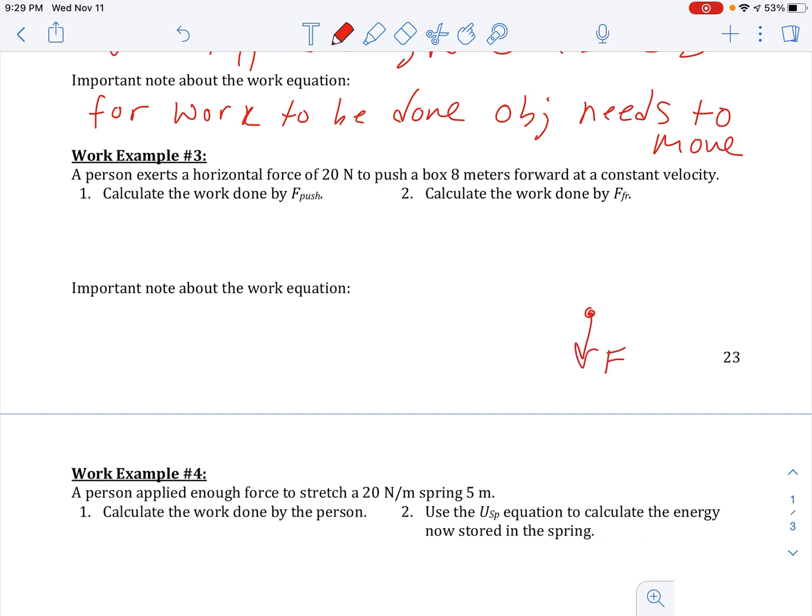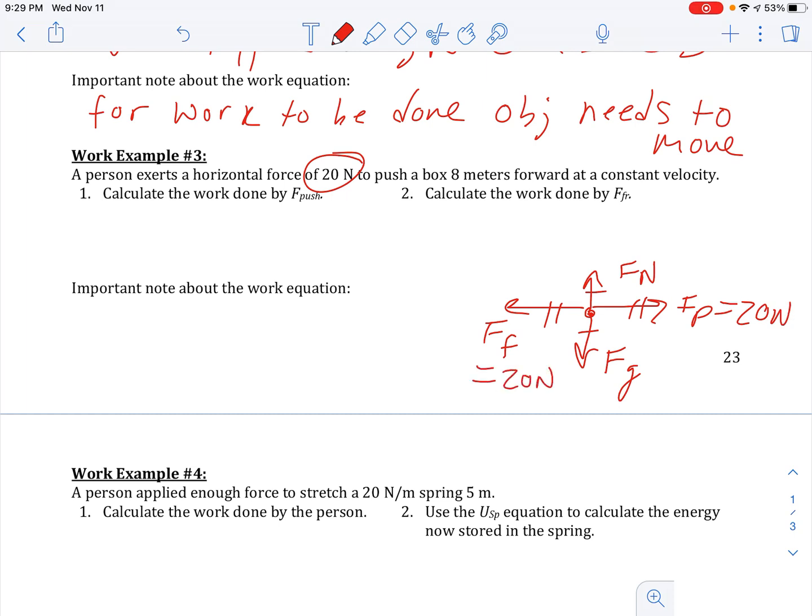We're going to have force gravity, force normal, and those will be balanced. And then we've got force push and then force friction, and those will also be balanced. So what that means is that if the person's pushing with 20 newtons of force, then friction is also 20 newtons of force.